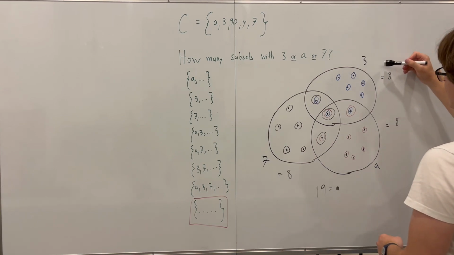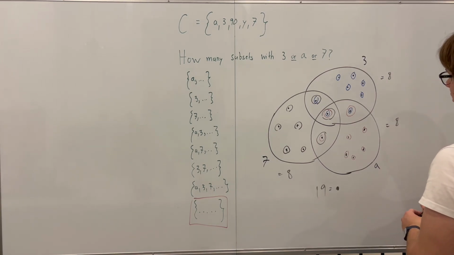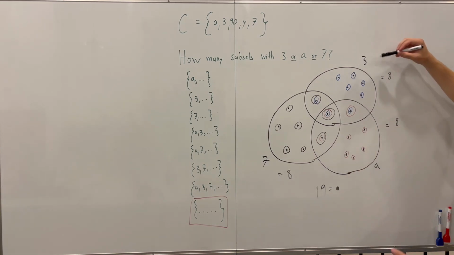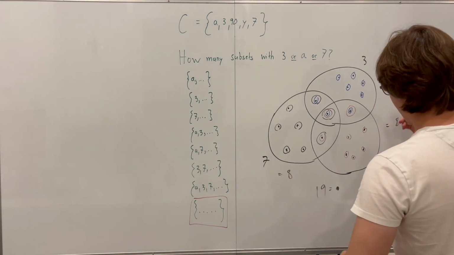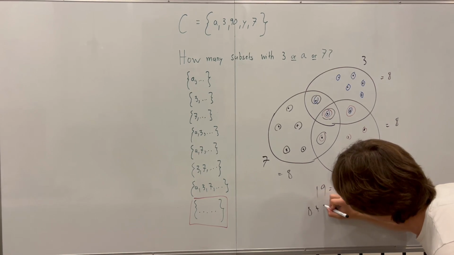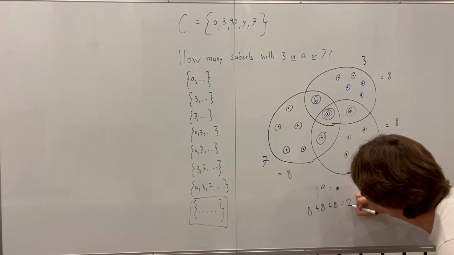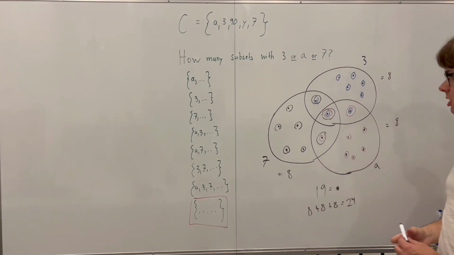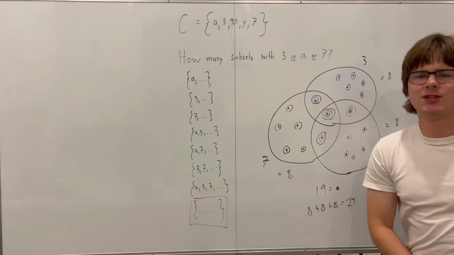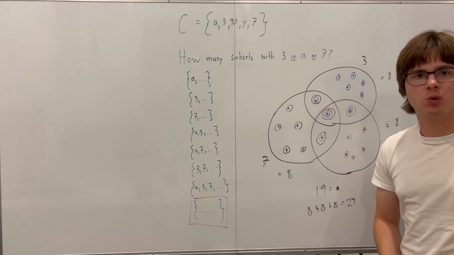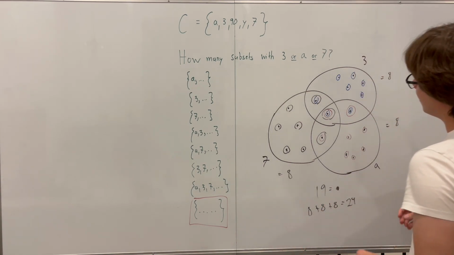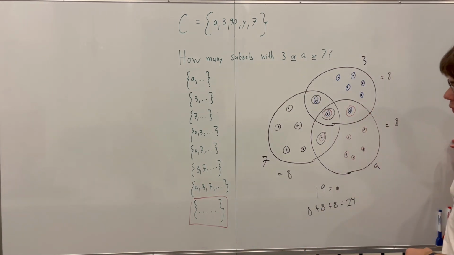But because we've counted the number of subsets that definitely have a 3, the number of subsets that definitely have an A, and the number of subsets that definitely have a 7, if we add up all of these, it's going to be 8 plus 8 plus 8, which is going to be 24. So we've counted 5 extra subsets than we should have, which doesn't make sense. There's only 19 dots. Why did we end up counting 24? Well, it's because of the dots that have been circled more than once.